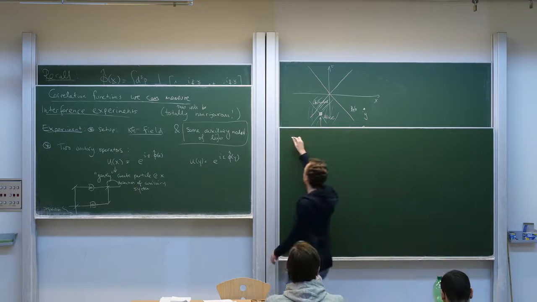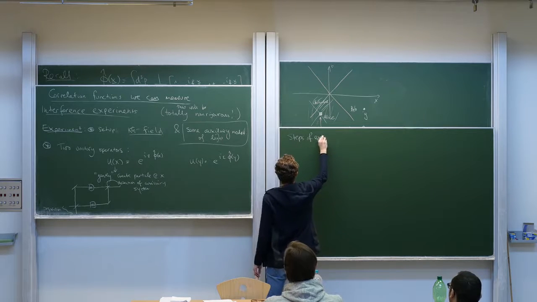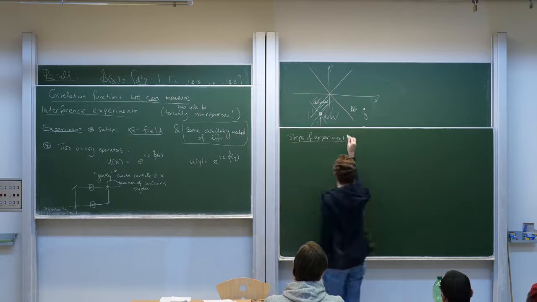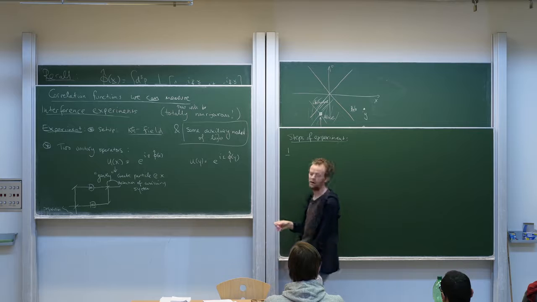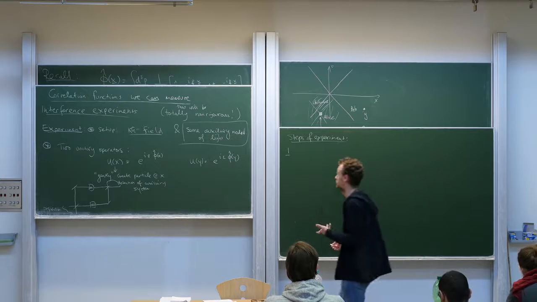What are the steps of the experiment? Okay. Step 1, we prepare the field and these auxiliary modes of light all in the vacuum state.